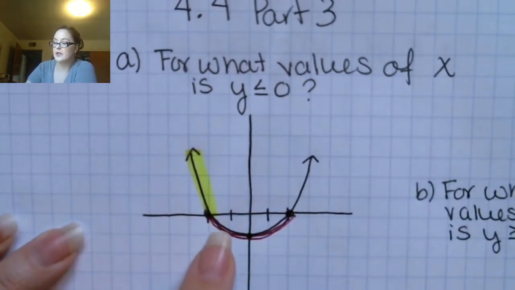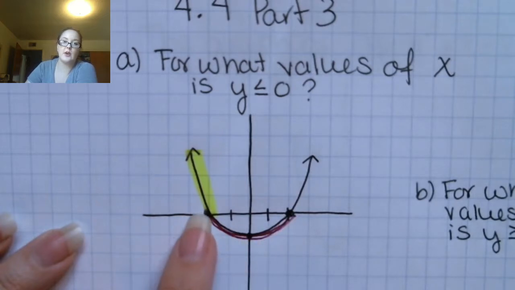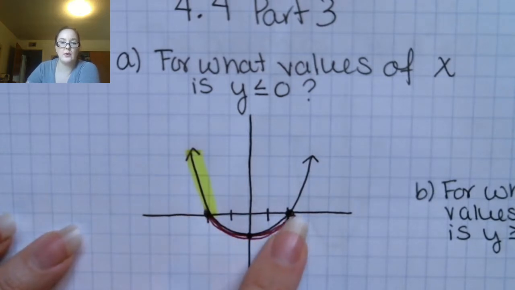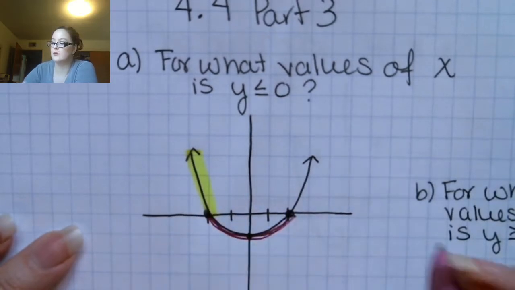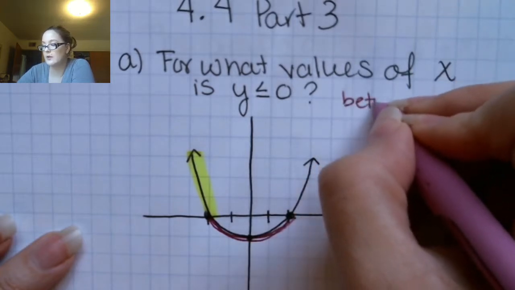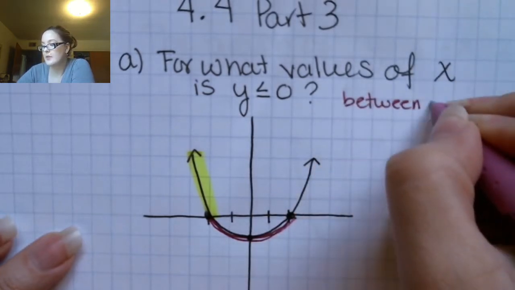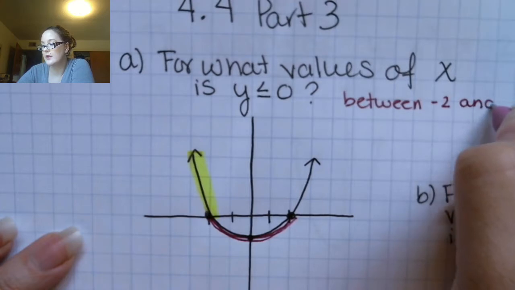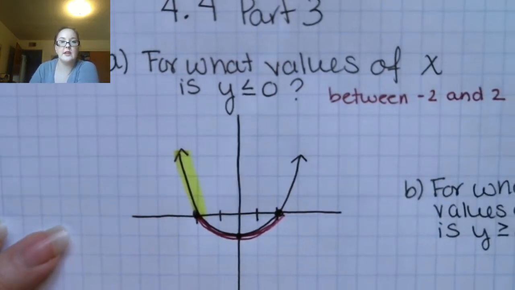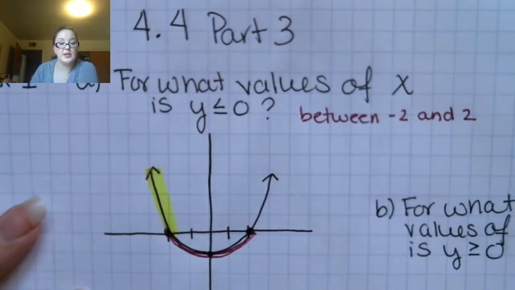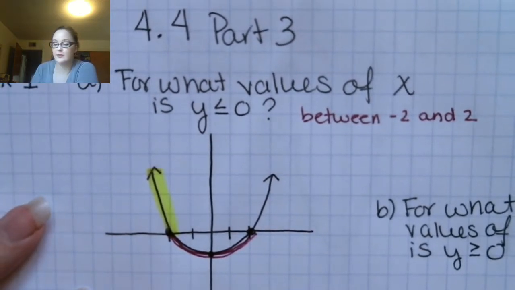And so we're just going to give the x values that go with this part of the graph. You can see that this part of the graph is between -2 and +2. So we would say between -2 and 2, and we're going to give our answer in interval notation, because we just learned about interval notation.